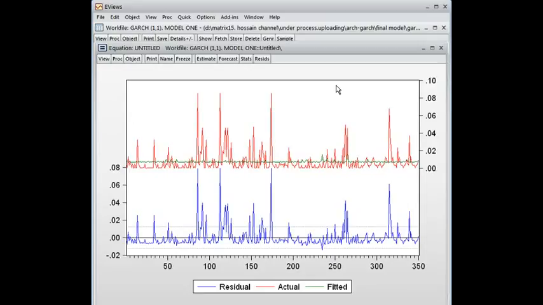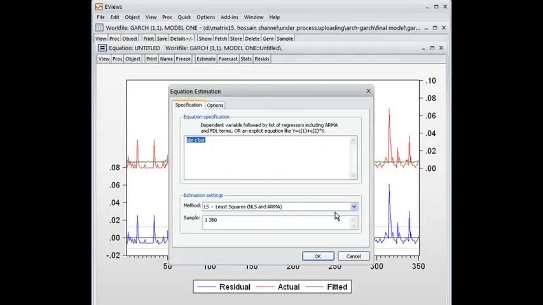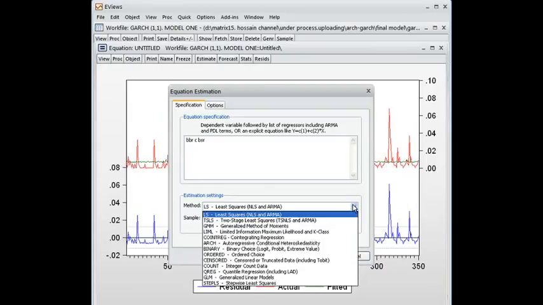Okay, so we make our GARCH 1,1 model. How to make it? I go to Estimate here, then I click here, I go to ARCH model.